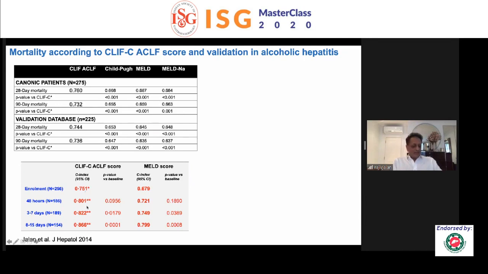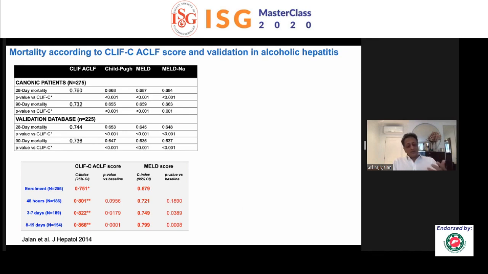And as you can see, the performance of the score improves with time. The way you use the scoring system is to use it on a daily basis to update the prognosis of the patients that you're seeing in front of you. 75% accuracy when they come into the hospital to nearly 86% accuracy if you're using that score at day 7.